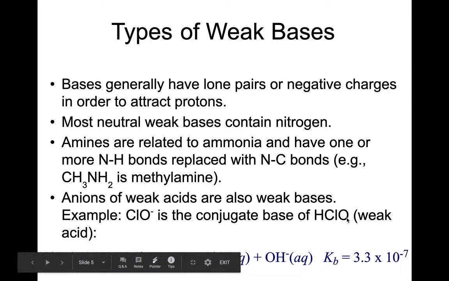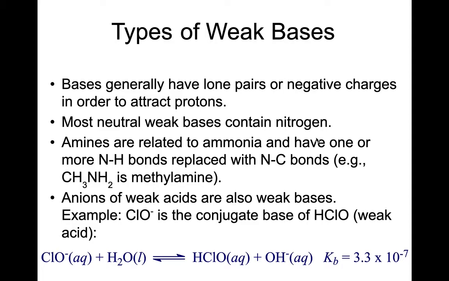This is a weak acid. After it donates its proton, the anion that is left is a weak base, and you can see that reaction between the weak base and the water below here. Its base dissociation constant is 3.3 times 10 to the negative 7th, so it falls into our weak base category.